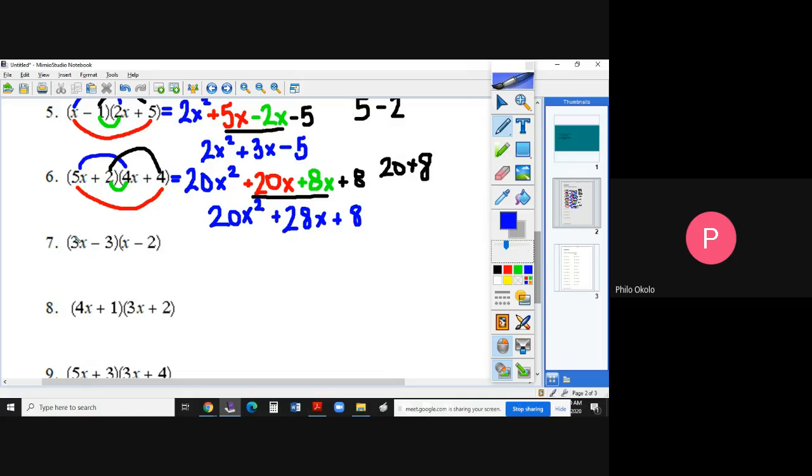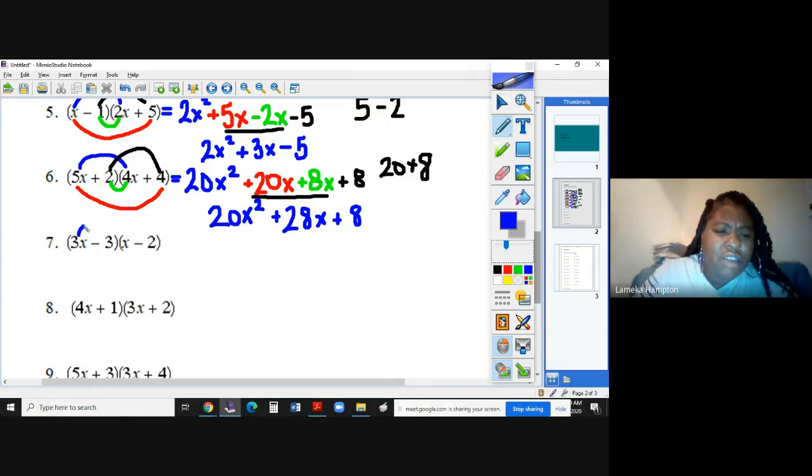3x and x. You're going to multiply the 3x times x, and that's going to give me 3x squared. Okay, now I'm going to go to the red. What am I multiplying next? 3x times negative 2, and that's going to give me a negative 6x.